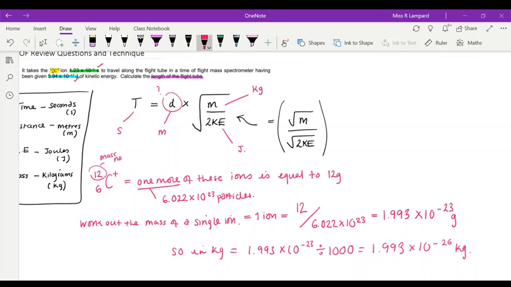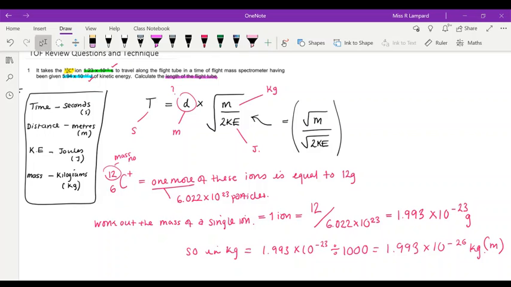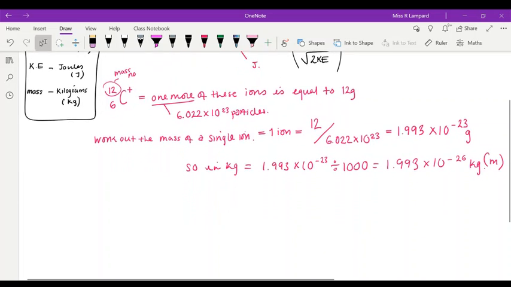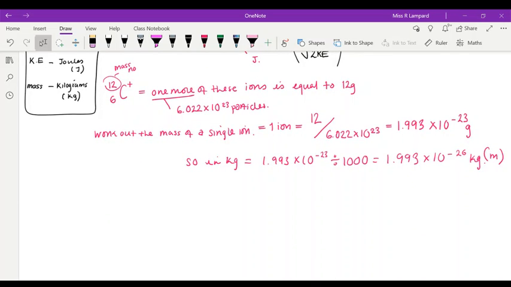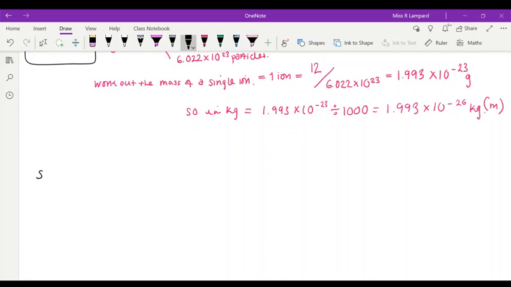So now we've got our term for mass, we've got our term for time, and we've got our term for kinetic energy. So what we need to now do is to rearrange this equation here. So if time is equal to distance times square root of the mass divided by the square root of 2 times the kinetic energy, we can rearrange this.